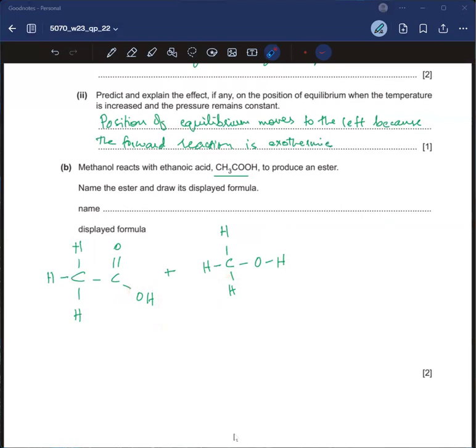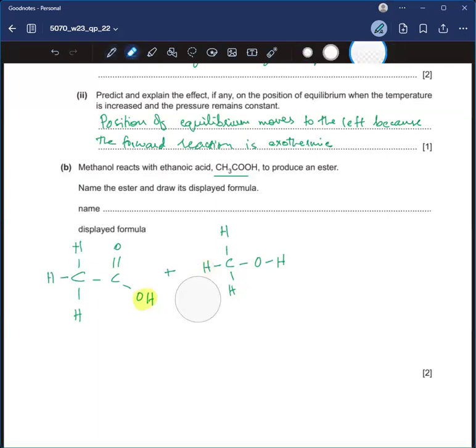So after the removal, water is removed. Let me highlight it. And it can be any of the H which is attached to the carbon. Or not even carbon, sorry, not carbon. I'm really very sorry. It would be from OH. Let me draw it like this.